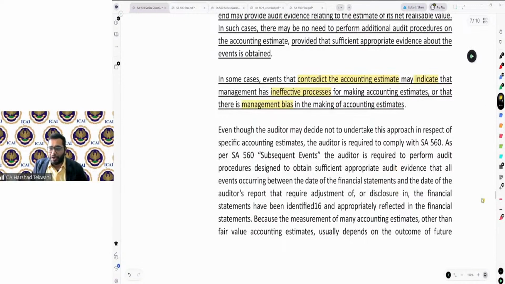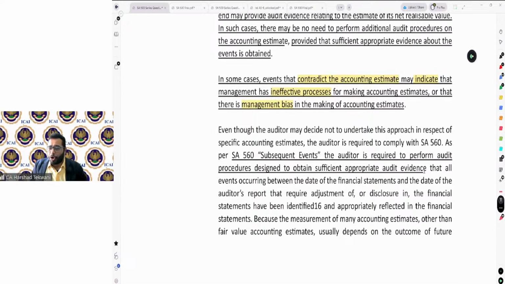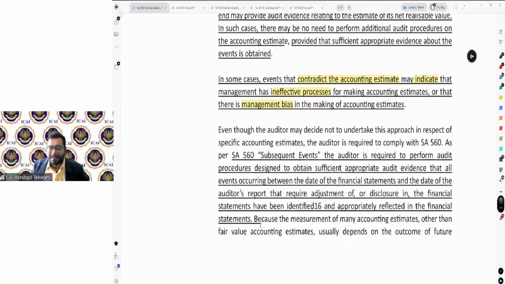As per SA 560 also, the auditor is required to perform audit procedures designed to obtain sufficient and appropriate audit evidence that all events occurring between the date of the financial statements and the date of the auditor's report that require adjustment or disclosure in the financial statements have been identified and appropriately reflected.